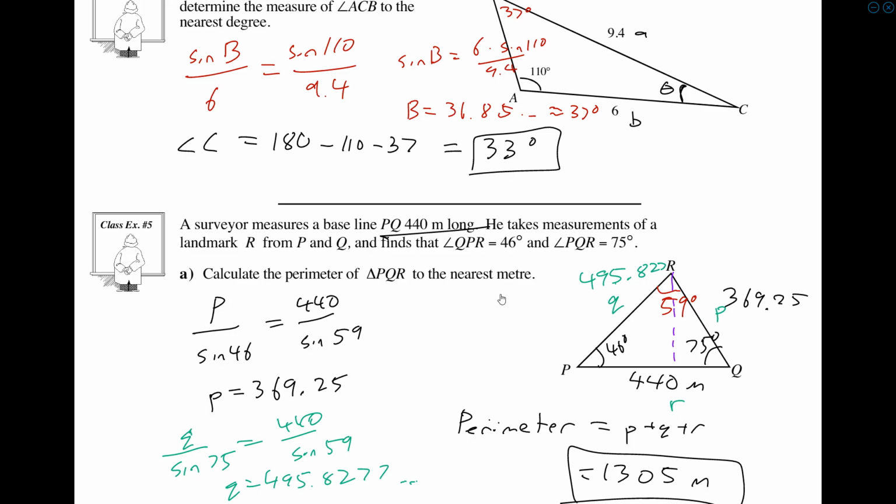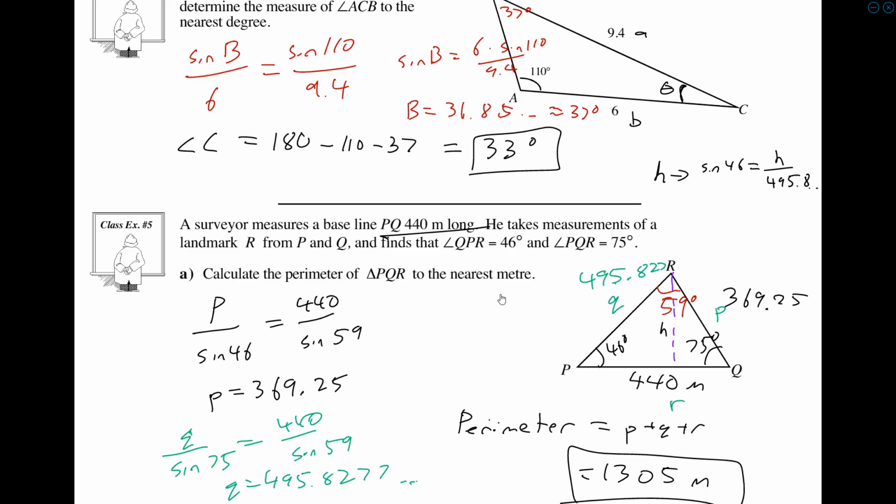To find the height, I'll just do this up here because I have all the information on this page. I'm going to call this measurement H. So we'll go sine of 46 equals opposite, which I don't know, over hypotenuse 495.8277844.